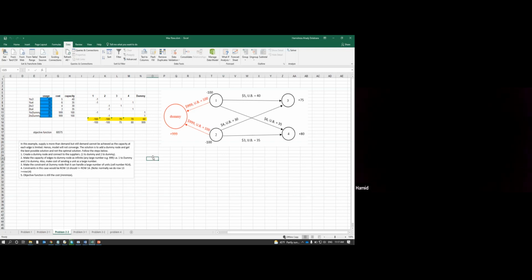Okay, so as you see, 25 products went to the dummy point from point 1 and 35 units went from point 2 to the dummy. These are products that we couldn't deliver.